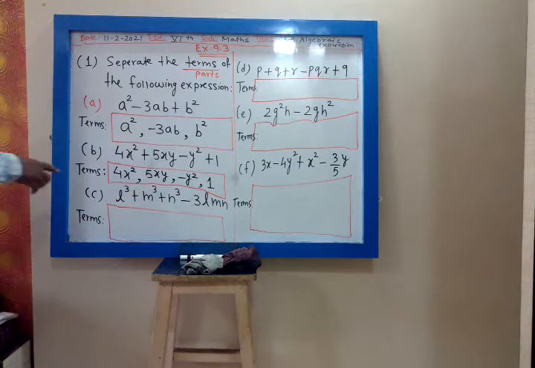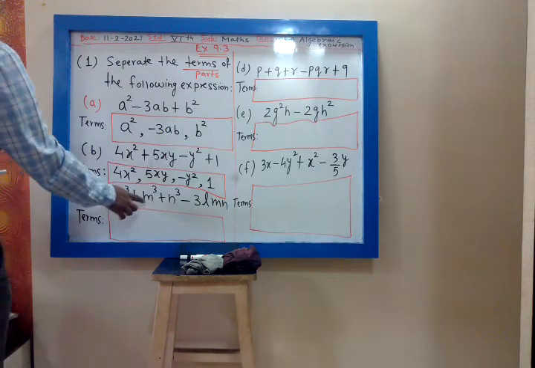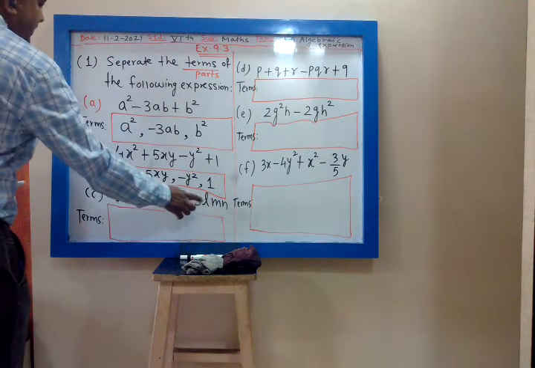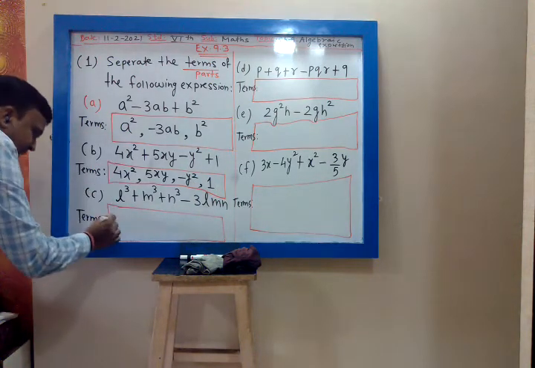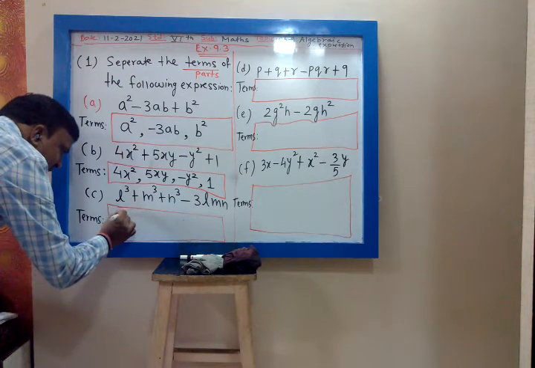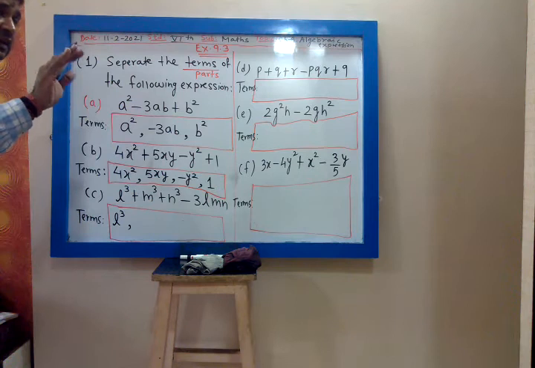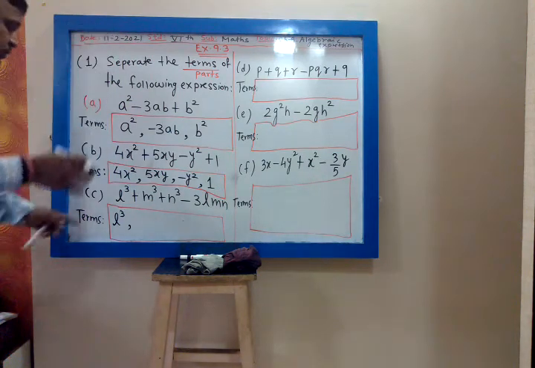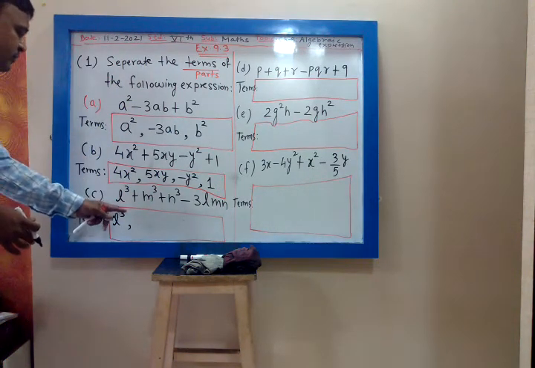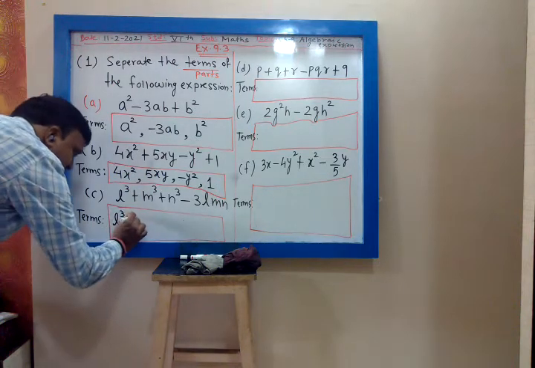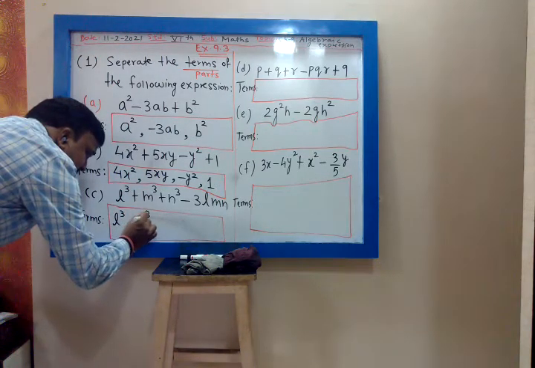Now next, l cube plus m cube plus n cube minus 3lmn. So the first part will be l cube, then comma m cube, l power 3, comma m power 3. That power also you have to take.